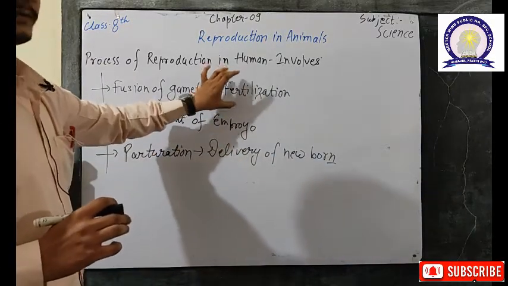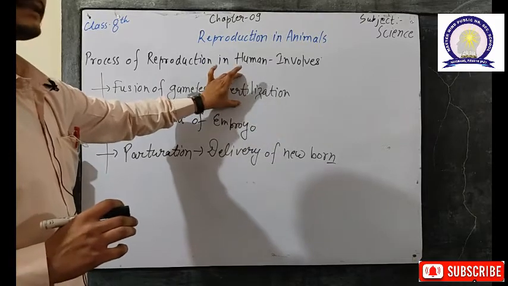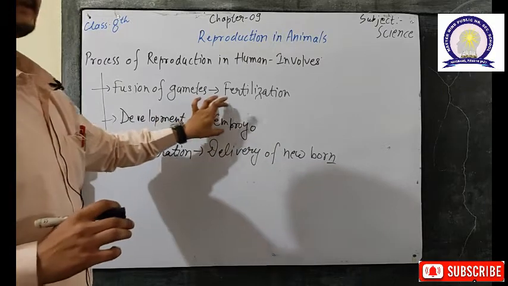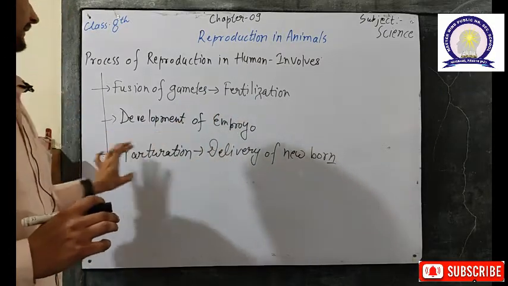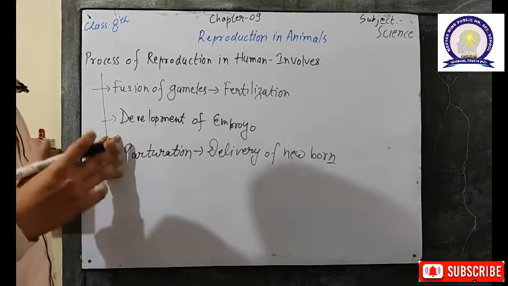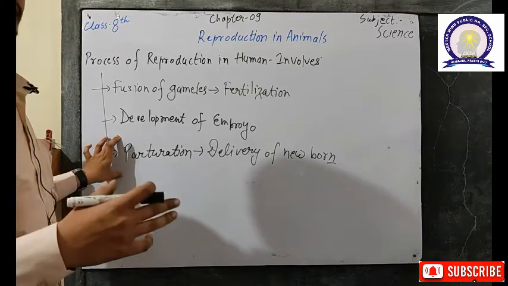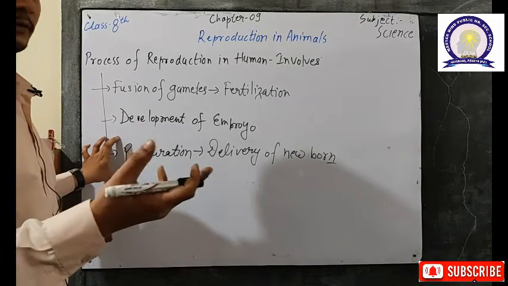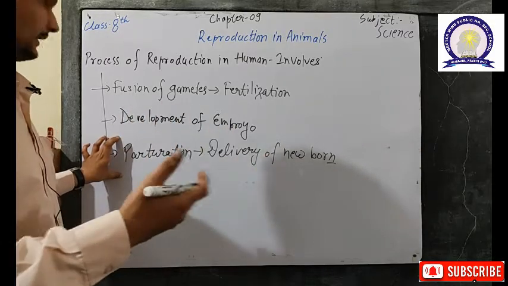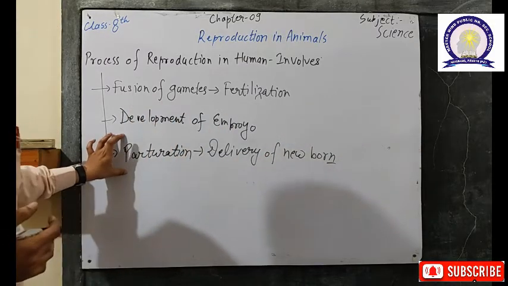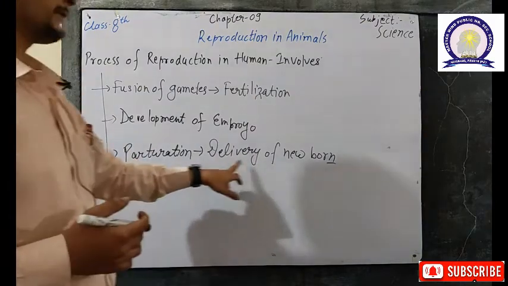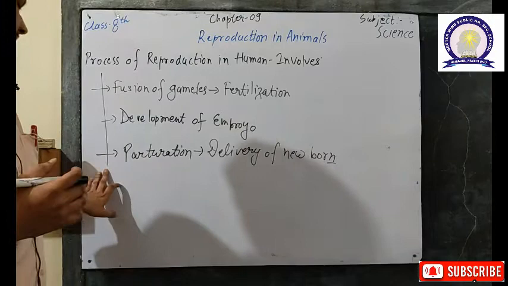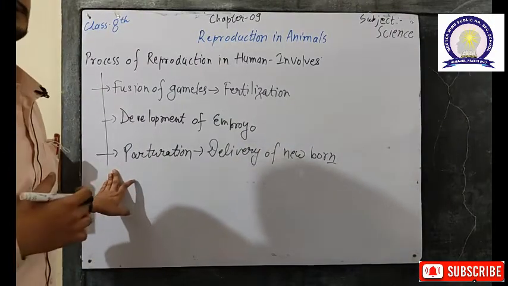A structure called an embryo is formed during the process of fertilization. Its development takes place in the second step, and when the complete development of the embryo takes place, it converts into the fetus, or newborn baby. Then the process called parturition, or simply delivery of the newborn outside the body of the female. After this third step, the actual reproduction process is completed.